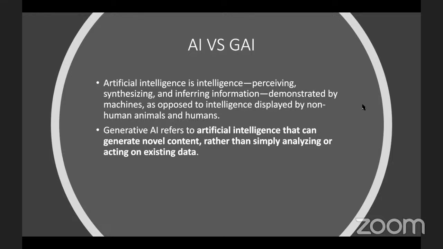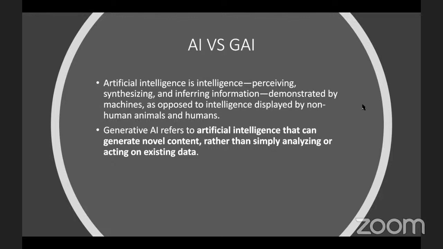To understand what OpenAI is trying to do, it's basically taking a branch from AI, artificial intelligence, which is called generative artificial intelligence. That refers to artificial intelligence that can generate novel content rather than simply analyzing or acting on existing data.